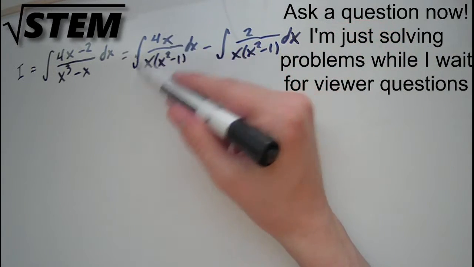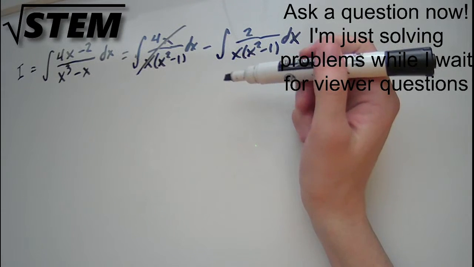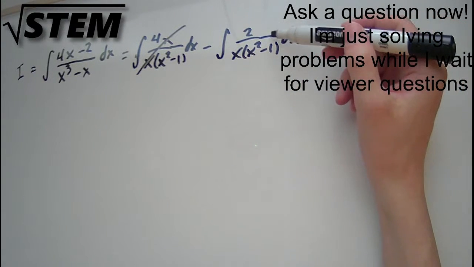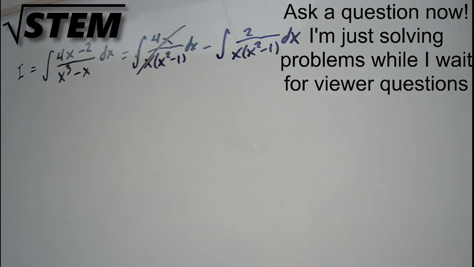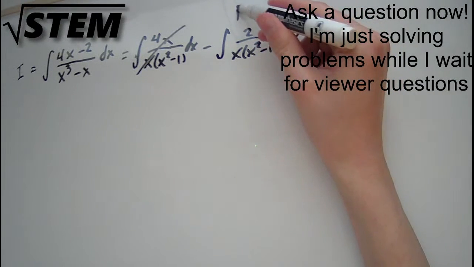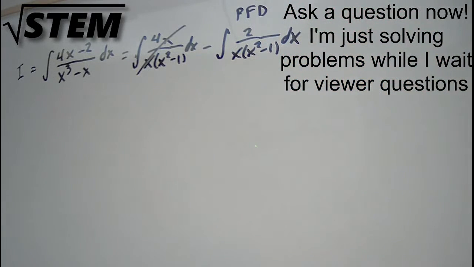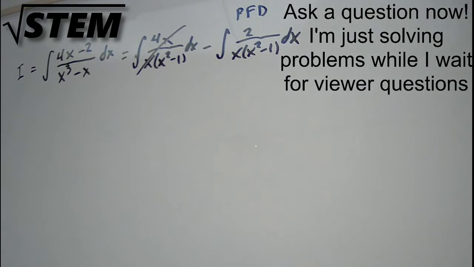So here we get the really nice cancellation. Here we don't. So I think I'm seeing partial fraction decomposition happening, especially for this one. So this is going to be PFD. What about this piece? The integral of 1 over x squared minus 1.